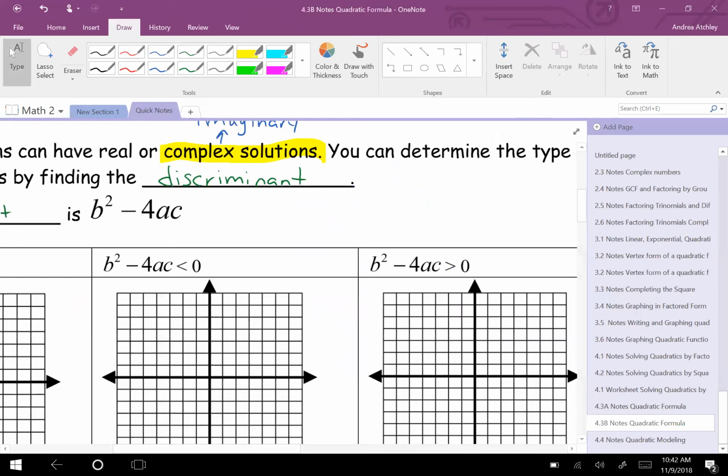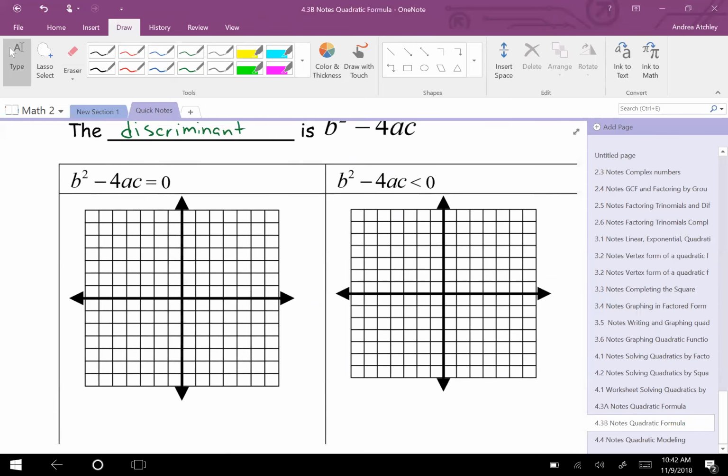So if b squared minus 4ac, if inside my radical I have a 0, it equals 0, then I'm going to have 1 real root, slash solution, slash x-intercept.